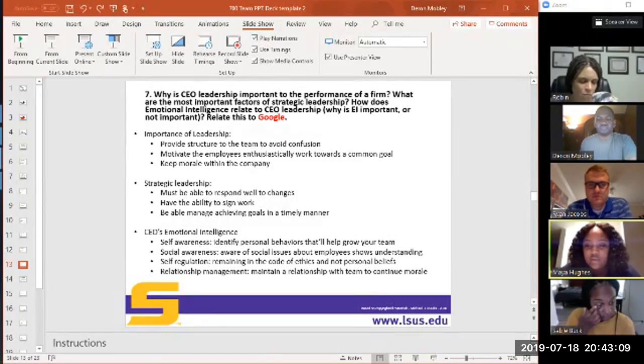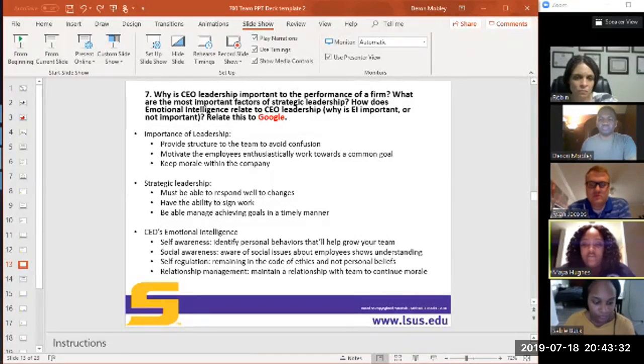The last question, which I kind of grouped together, how does emotional intelligence relate to CEO leadership? Well, emotional intelligence deals with self-awareness, self-regulation, relationship management, and social awareness.